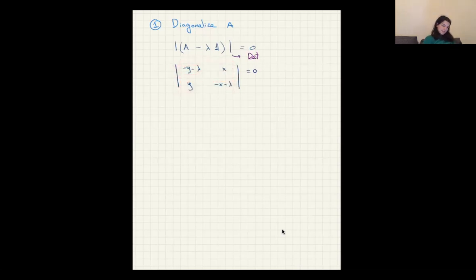So in the end, we get (y plus lambda)(x plus lambda), because all the minus signs cancel out, minus xy equals 0. And this gives us lambda times (x plus y plus lambda) equals 0.